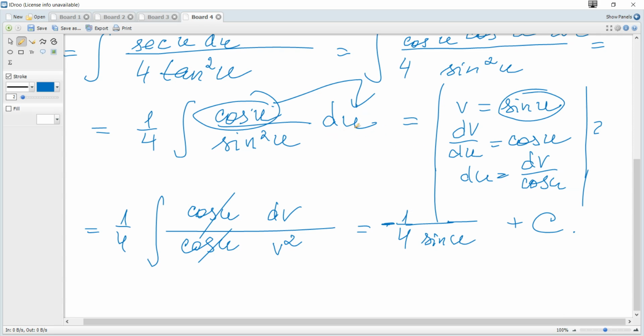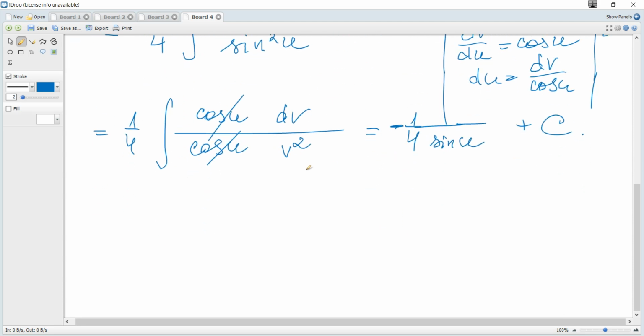In such a way you can understand what should be chosen as u in general. It's the derivative of sine, so if you choose u to be sine, you get everything in terms of sine.